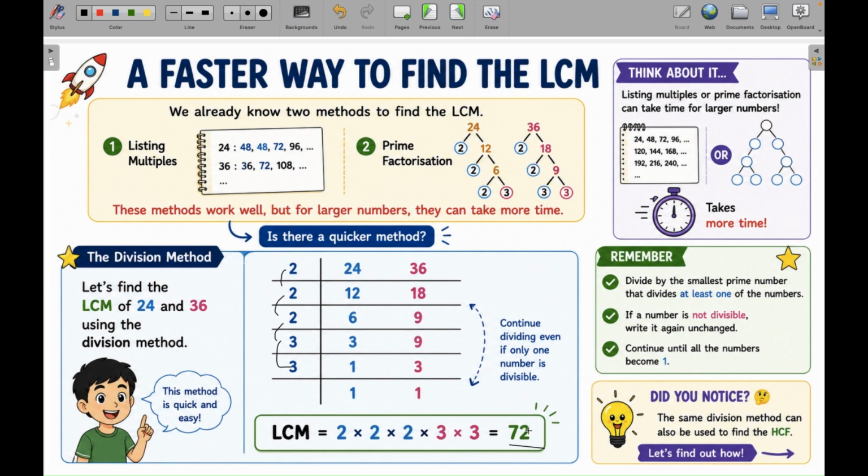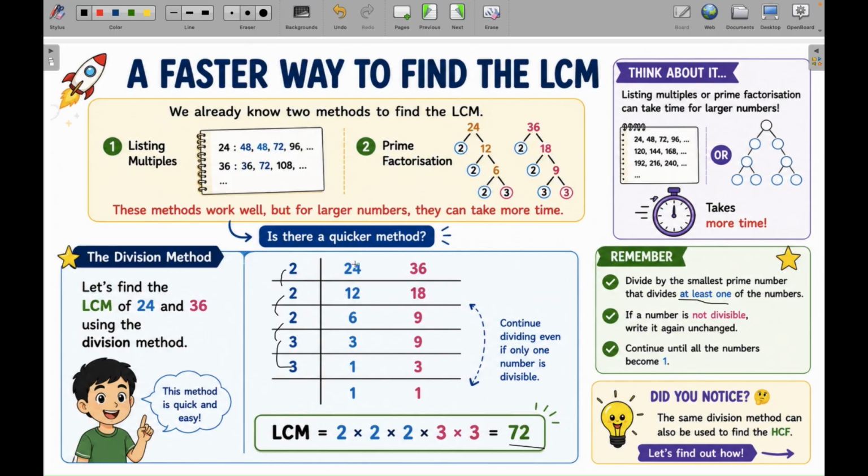So this is the division method, also known as the cake ladder method. What are the steps that we need to remember? We start by dividing by the smallest prime number, and that prime number must divide at least one of the numbers. It need not divide both numbers.